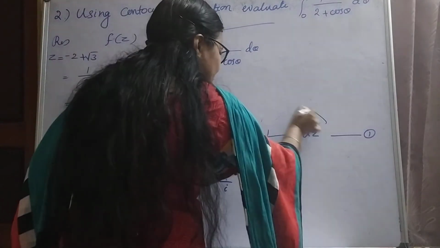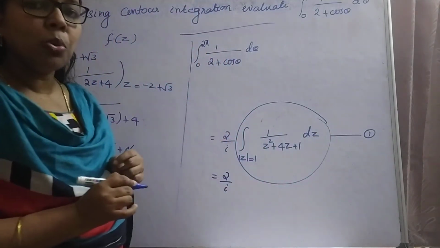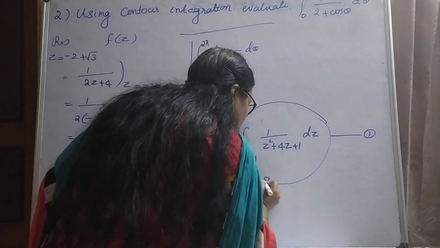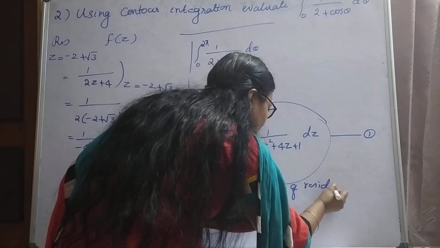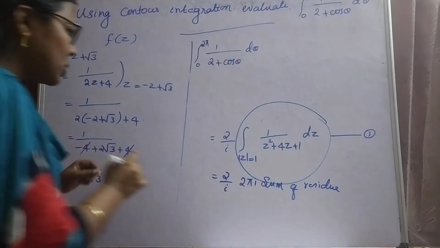What is the integral of this function? By Cauchy's residue theorem, 2 pi i into sum of the residue. Here only one residue, which is 1 by 2 root 3.